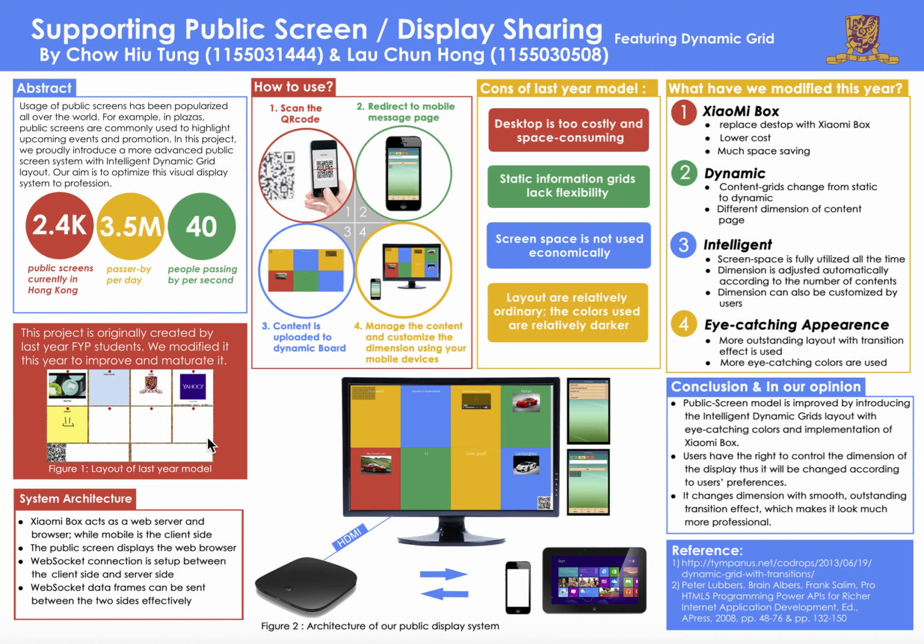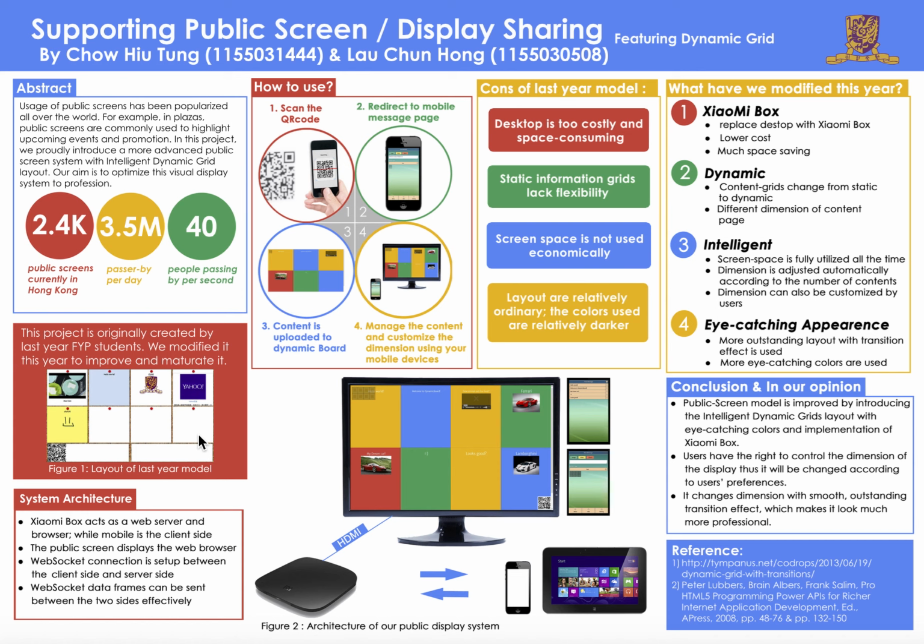This is one of the main disadvantages, and we have improved it in our model. And lastly, the layouts are relatively ordinary and the colors used are relatively dark, so it is not attractive enough. So we focus on these disadvantages and we make improvements to create our more advanced display sharing system.